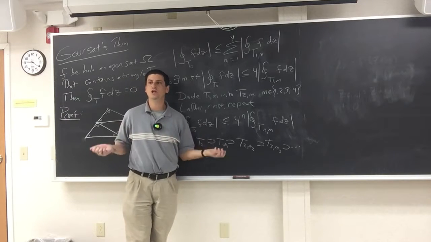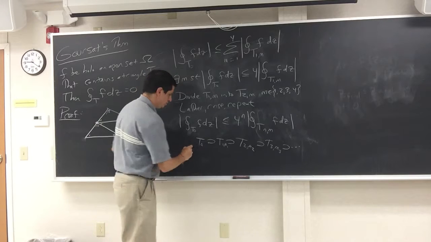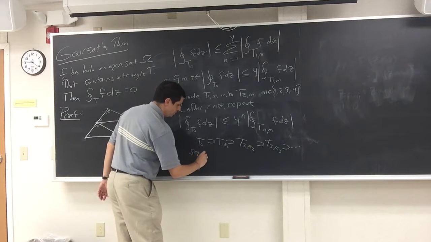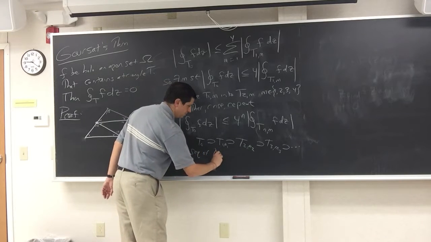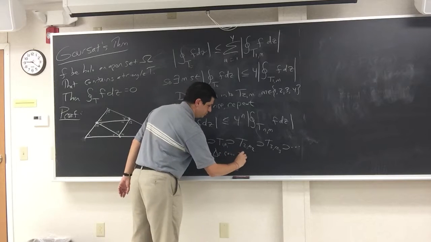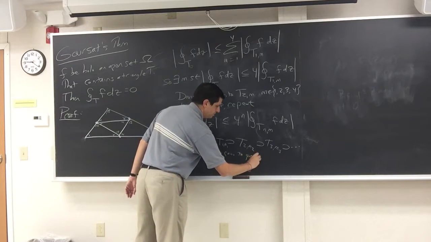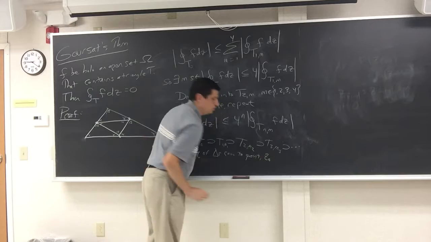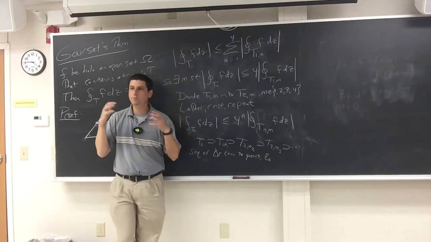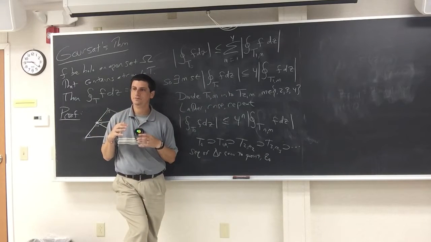So this is one of the places where we are using results from real analysis. So the sequence of triangles converges to a point, let's call it Z0. So there is some point that they will converge to. Is that point on the boundary of one of the triangles?